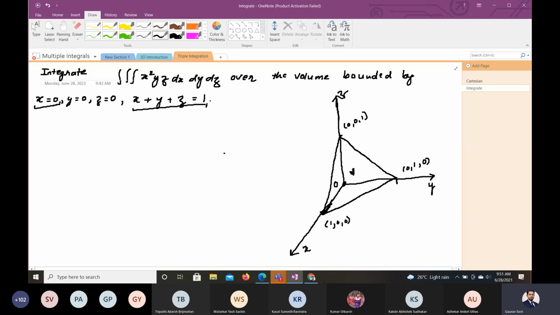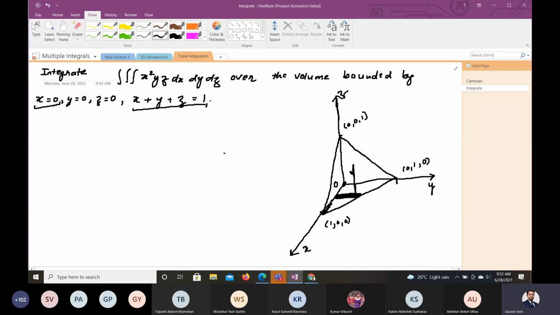I hope all are convinced with this. Now the volume which is bounded by these 4 planes is this. Now what I will do is I'll consider this as the base which is on the xy plane. With a strip parallel to x-axis or y-axis, I can cover this. Am I right? And then once I have covered the ground, I need to cover the volume. How do we cover the volume?